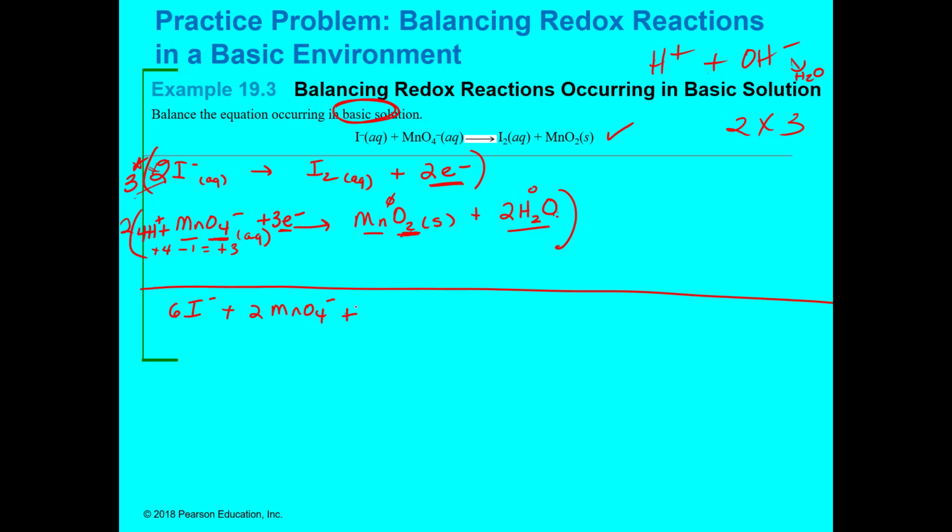I got 4H2O. I'm going to go ahead and do all of this, okay? So I had 4 H pluses. So now I have 8 H pluses plus 6 electrons, right? Is that everything? 6 iodines, 2 MnO4s, 8 H pluses, and 6 electrons.